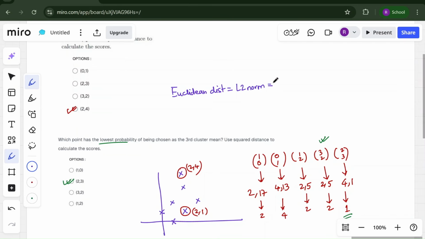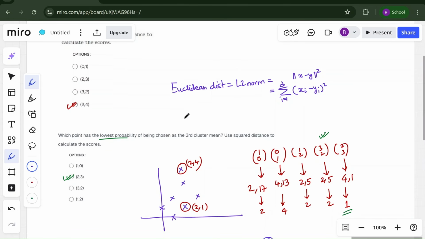It is nothing but the norm of x minus y, squared, which can also be written as the summation of xi minus yi whole square, i running from 1 to some d. These are the same things.